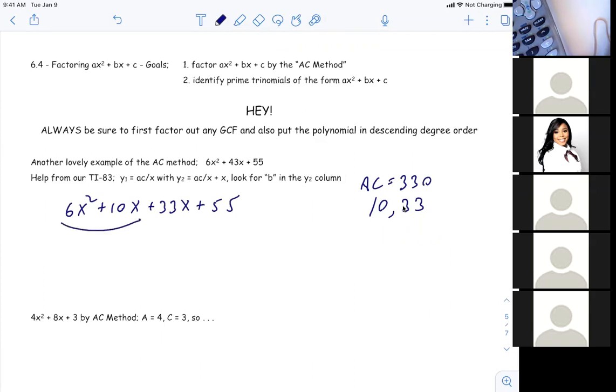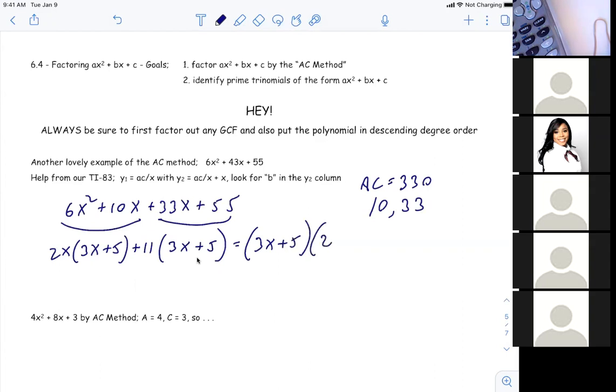Common factor there would be 2x times 3x plus 5. And the common factor here would be plus 11, 11 times 3x plus 5. And notice the nice expected thing is happening. We're getting that common binomial factor, right? 3x plus 5, 2x plus 11. That's the factoring. Even though these numbers were kind of large, we got done in about 3 minutes.